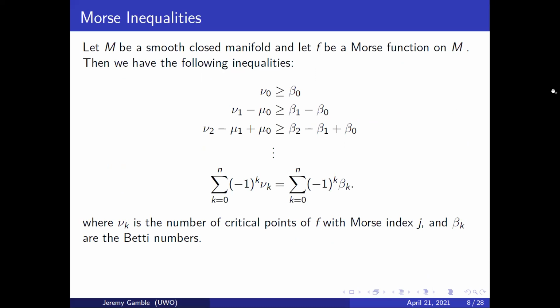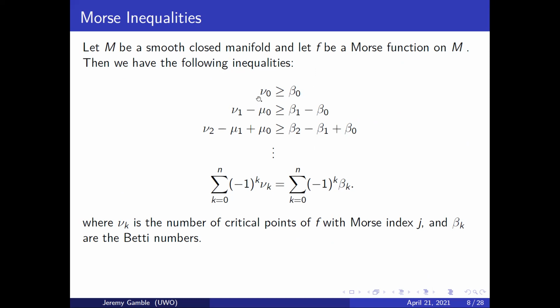Okay, and I'll show the Morse inequalities really quick here, just so you have an idea of what we're trying to prove. So we take a smooth closed manifold and a Morse function. Then we get this system of inequalities where these betas are the Betti numbers, so the dimensions of the cohomology groups.